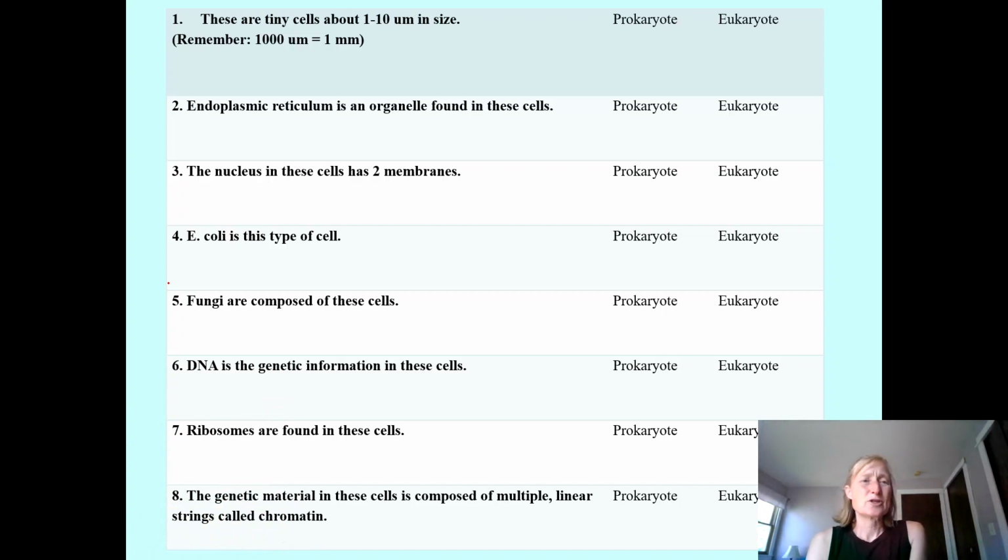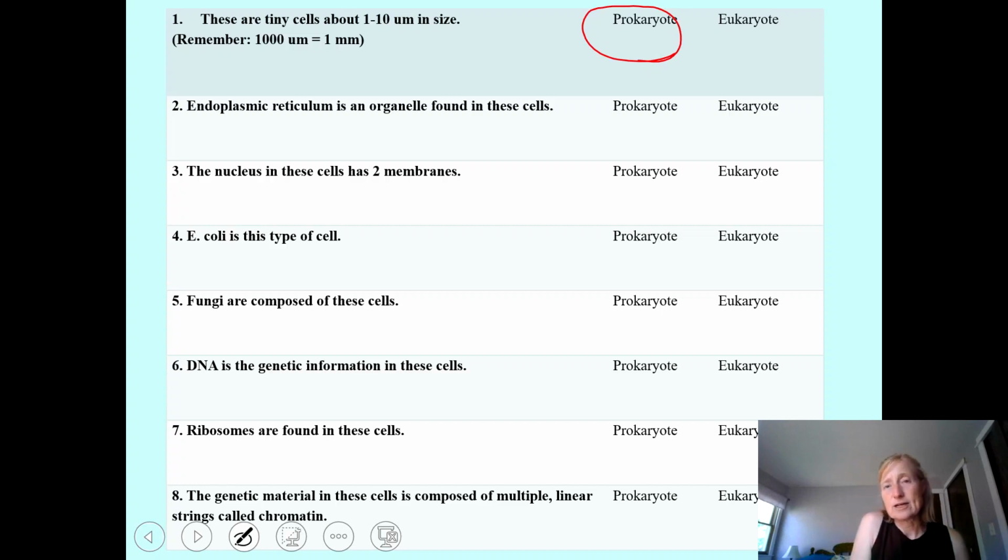Okay, first question. These are tiny cells, about 1 to 10 micrometers in size. Now, just for a reminder, there are 1,000 micrometers in a millimeter. So these are very, very small cells. Which cells are smaller? Turns out the prokaryote cells are smaller.